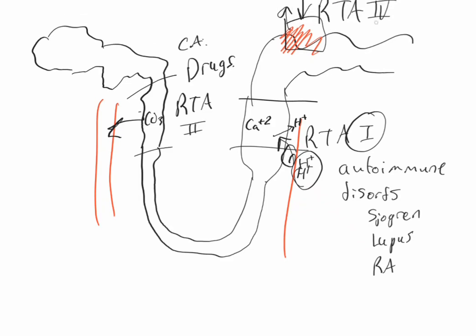Now, there is another distal renal tubular acidosis, which is type 4, and as we spoke about before, this is mostly caused by aldosterone binding.